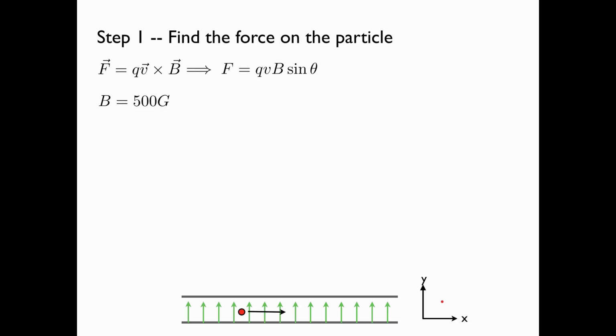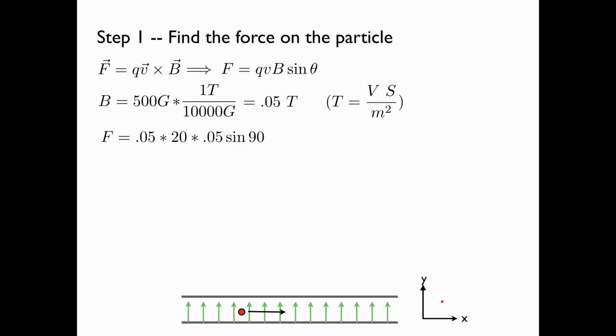The magnetic field was given in Gauss, but we want to convert it to the SI unit of Tesla. There are 10,000 Gauss in 1 Tesla, so we divide by 10,000 and we get 0.05 Tesla. 1 Tesla is equal to a volt times a second per meter squared.